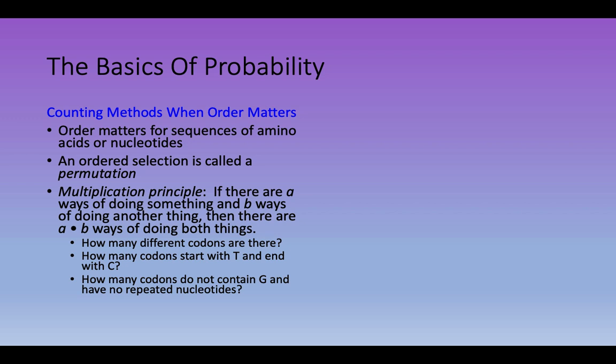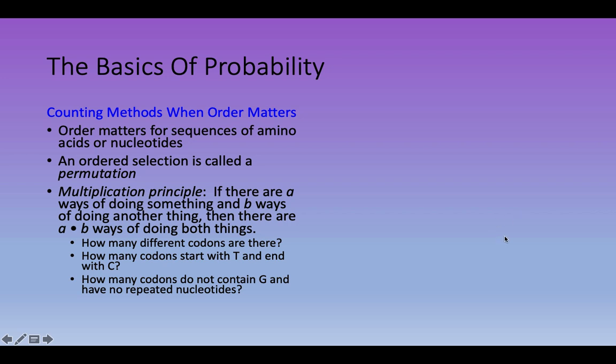One of the ways I could do this, I could say, okay, how many different codons are there, right? Basically how I could calculate that is I could figure out that there are 4 possible outcomes in the first position of the codon, 4 possible outcomes in the second position, and 4 possible outcomes in the third position of the codon.